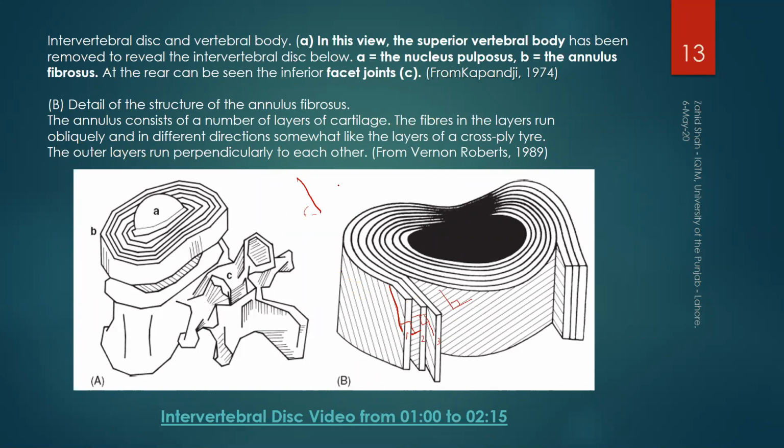In layer 2, they will be making a different angle, and so on, but they are perpendicular to each other. So the fibers in the layers run obliquely and in different directions, somewhat like the layers of a cross-ply tire. The outer layers run perpendicularly to each other. So that is a very interesting feature of the intervertebral disc.